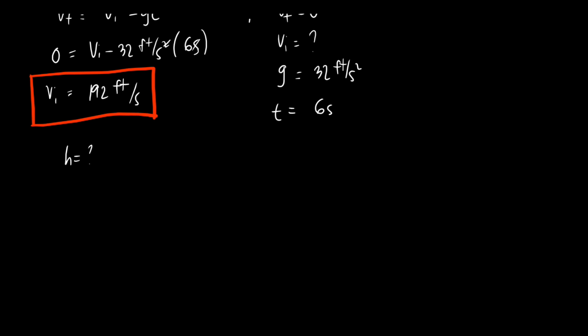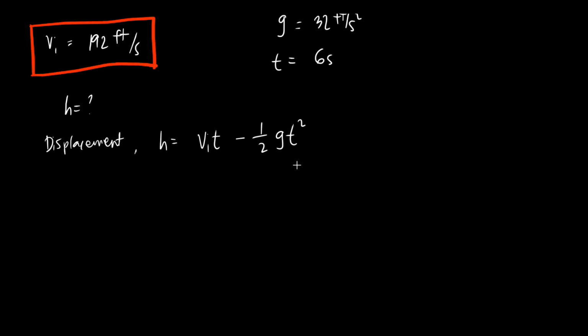So h is equal to v initial times t minus 1 half g t squared.